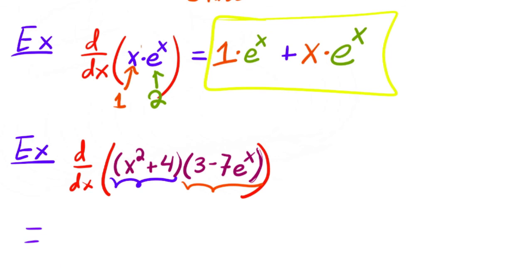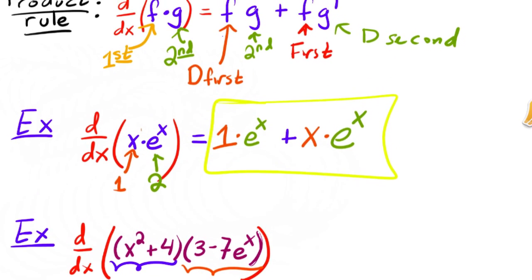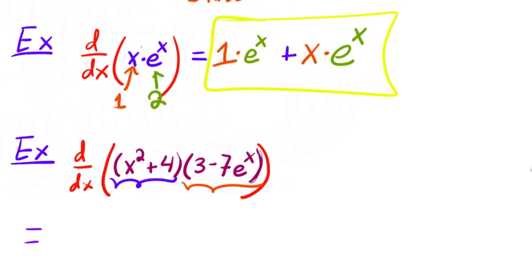Okay, so the product rule says, let me move it up. I kind of lost it over here. Derivative of the first times the second.